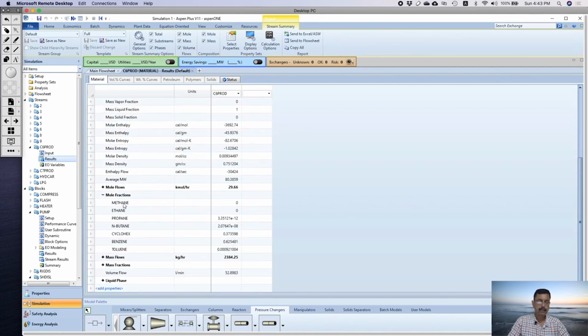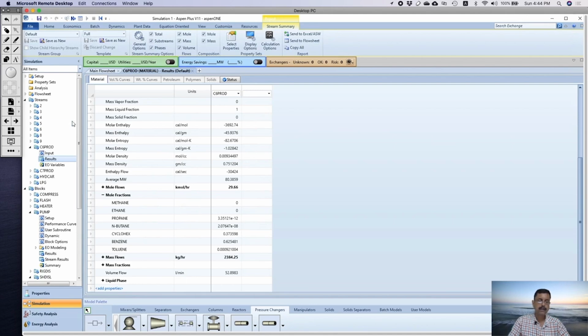Here you see methane and ethane 0, completely nothing is there. Propane, you can call it 0 as well, so as butane. These things are not there at all. Cyclohexane is 37.36% and benzene is 62.54%. So these only constitute the C6 product.